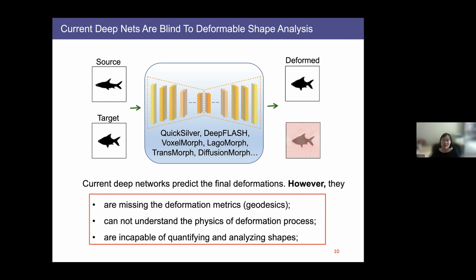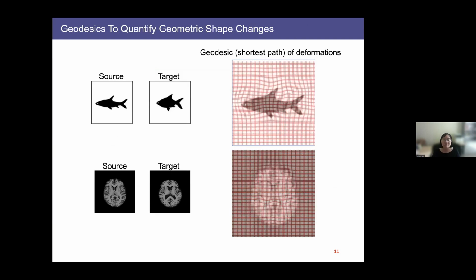This means the current networks first miss the deformation metrics, which are geodesics between the objects, and also cannot understand the physics of the deformation process. In this way, the current networks are not able to quantify and compare the shape differences between two objects, and they cannot analyze them.